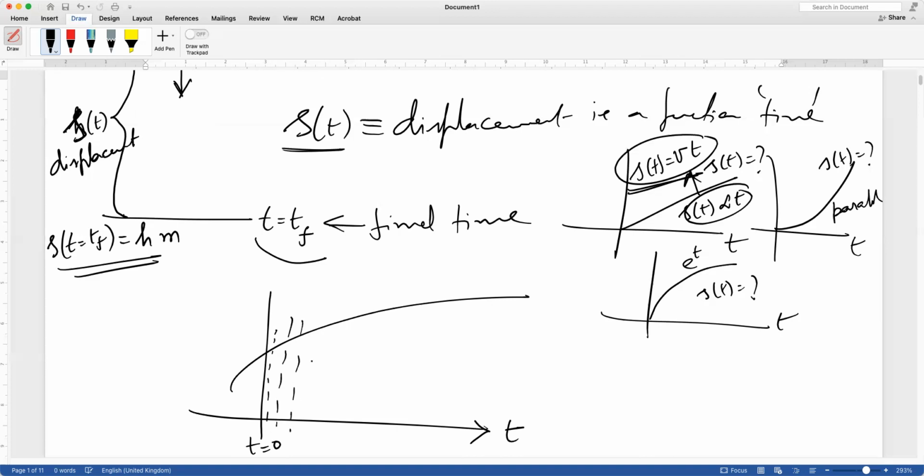From 0 to 1 second to 2 seconds to 3 seconds, we will be measuring how much displacement has happened. Yes, sir. So we go for a delta t equal amount, and we check the change in the time, delta t, and the change that happened in the displacement itself. Do you get that?